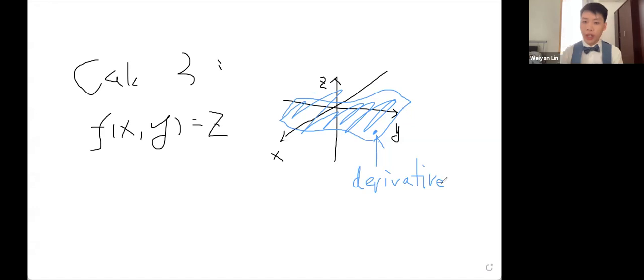Or even before that, is this point even differentiable? Can we even find a derivative for this one, right? So, all right, what does it mean? Does it make sense?